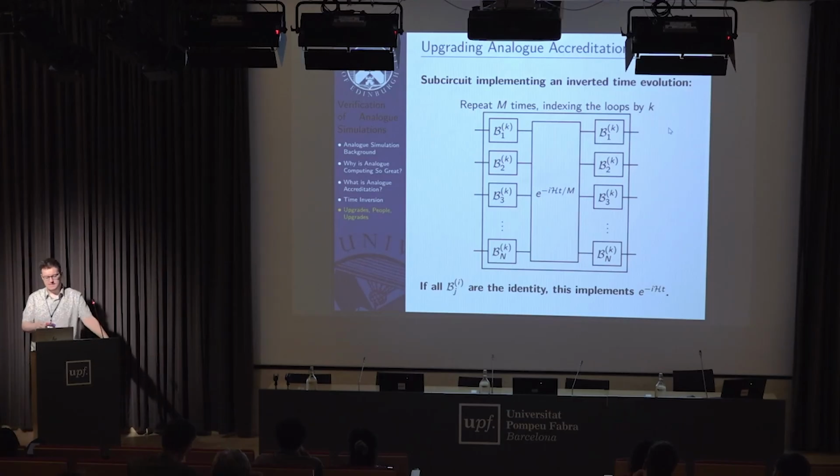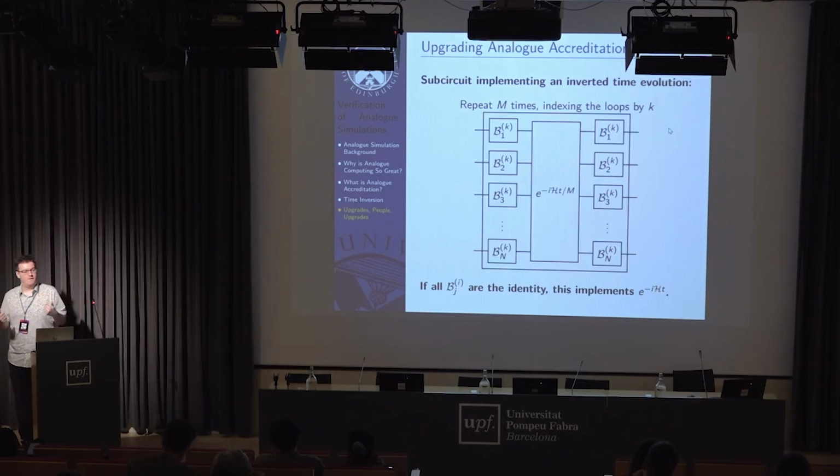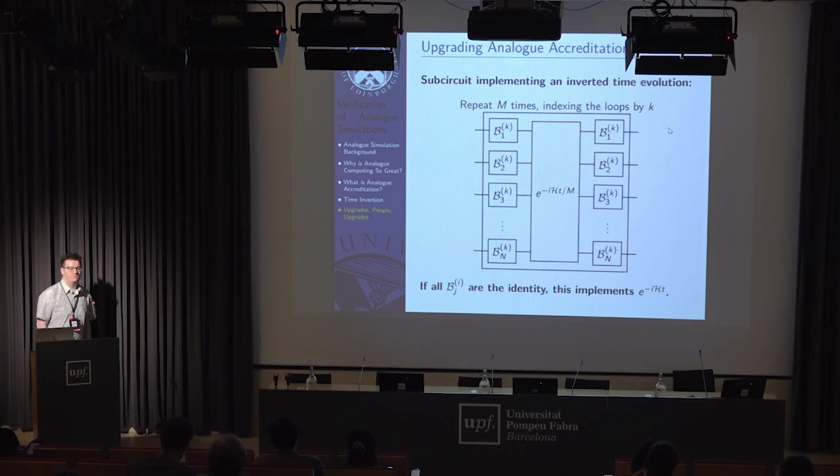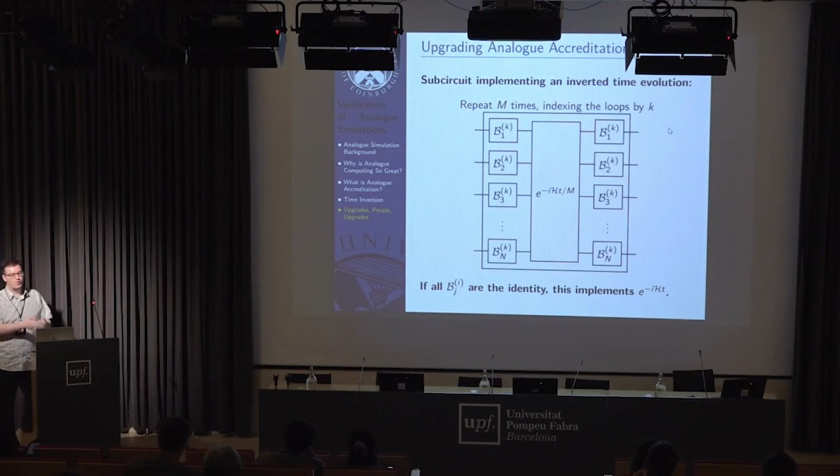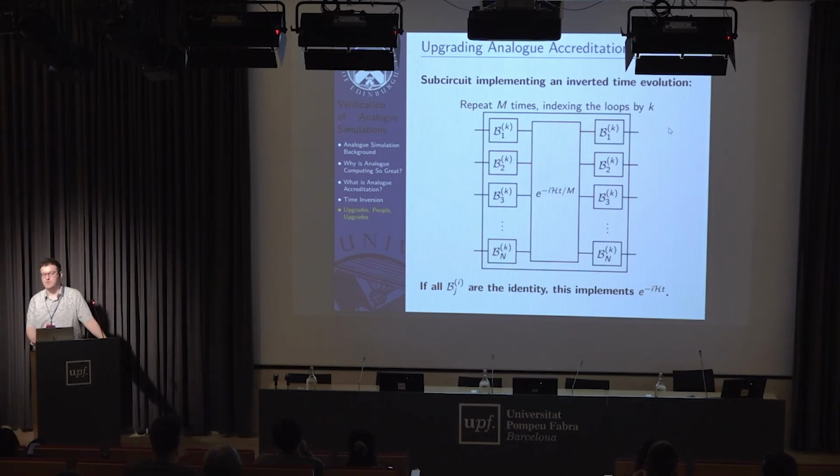So hopefully you can see the cost is we need to break the time evolution up into more small time evolutions. This is so that we can put these single qubit gates in between that do the inverting. But all that really means for us is that these are the single qubit gates that I mentioned before, so we need more single qubit gates. The total duration of the time evolution that you'll need stays exactly the same, so we're not adding that much depth to the circuit, we're just adding more single qubit gates.